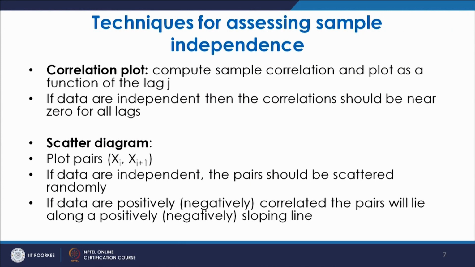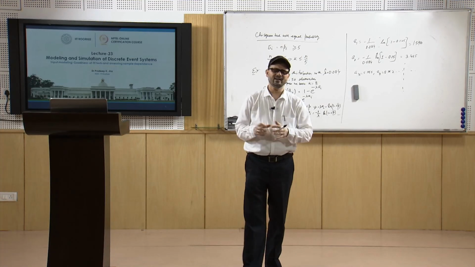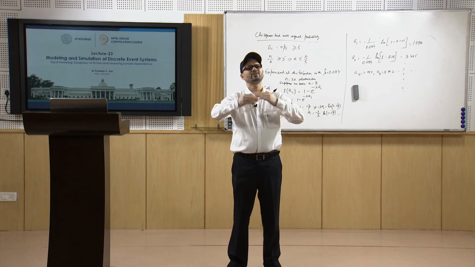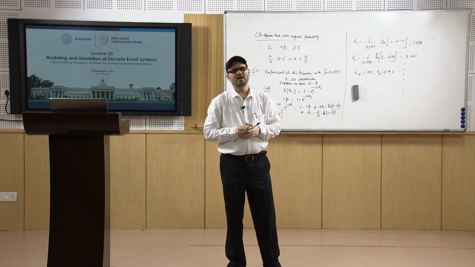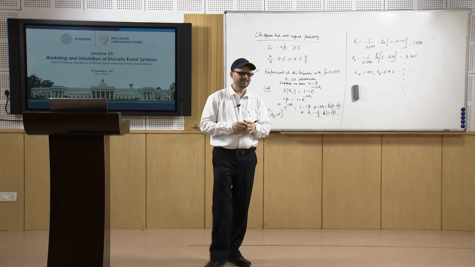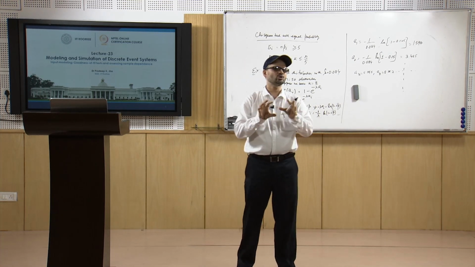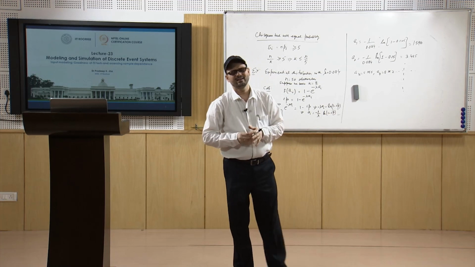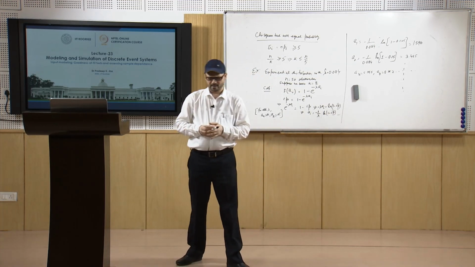In the correlation plot, what we do is find the correlation. If you have the random numbers xi and xi plus j, with time-varying data, we define the correlation rho j, which depends on the covariance between the two, divided by the variance.